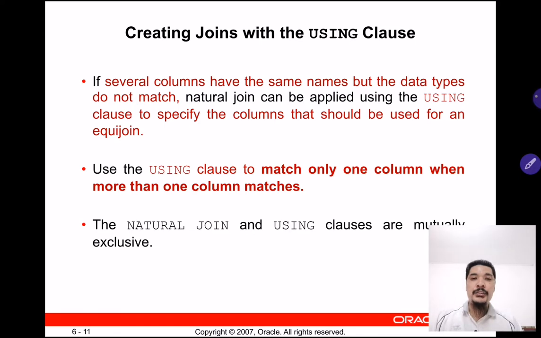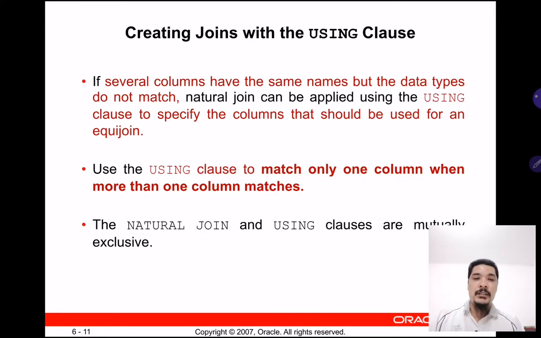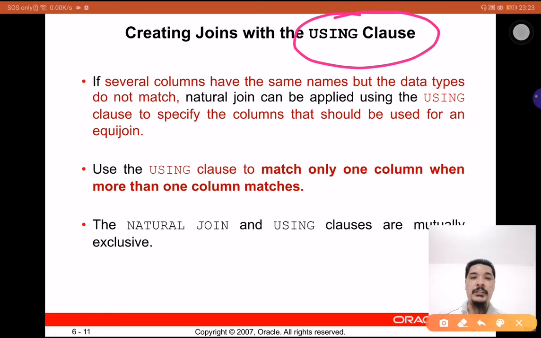Creating joins with the USING clause. That was natural join; now we can use the USING clause. If several columns have the same names but the data types do not match, like the previous example, in the first situation we must make sure the data types are the same.